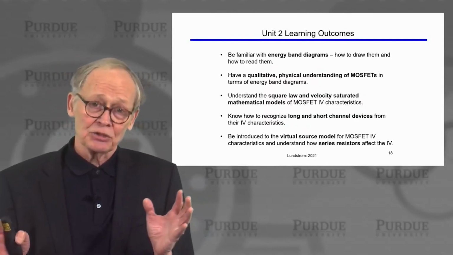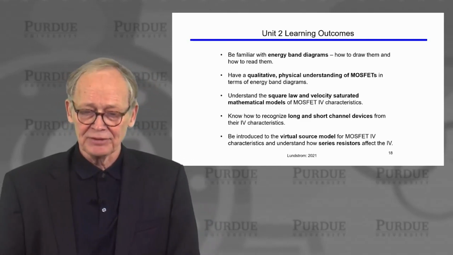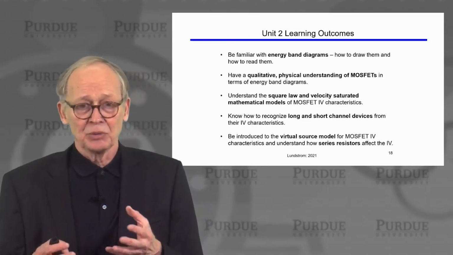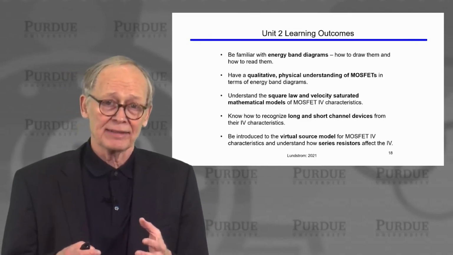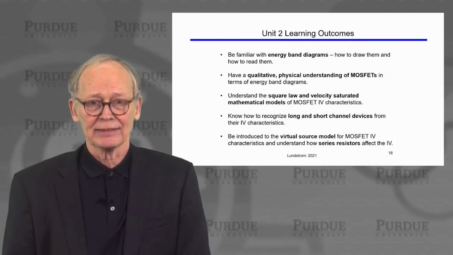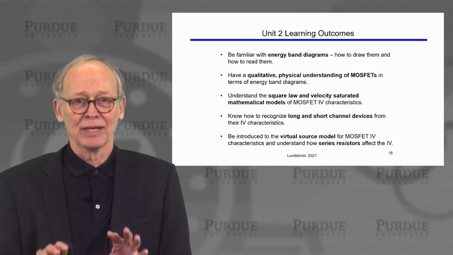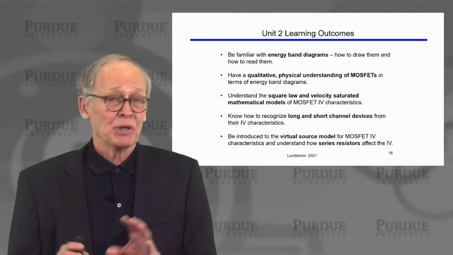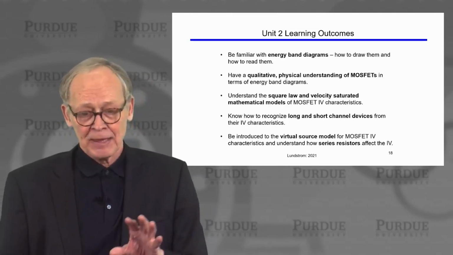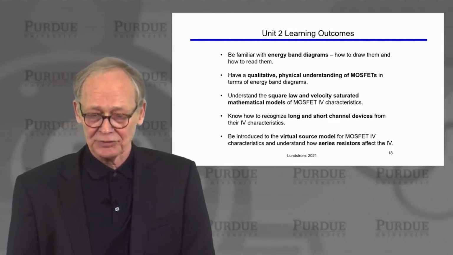Okay, so that's what Unit 2 was all about. We started with energy band diagrams, and we showed how energy band diagrams can help us understand how MOSFETs operate. That's, as I said, the most important takeaway from this course. But we want to dive a little bit deeper. We dove into the traditional IV theory of the MOSFETs.